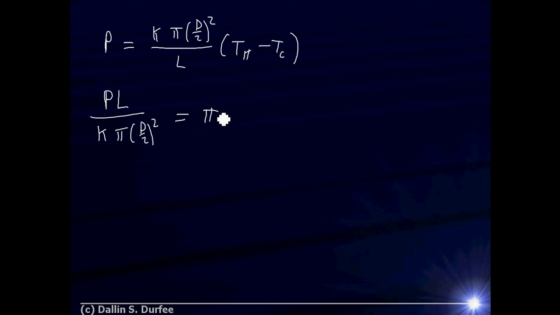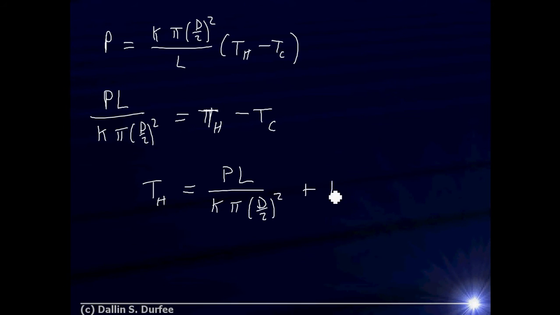That's equal to T hot minus T cold. We know T cold, we just want to find T hot. That's how hot this will get. So that's just going to be power L over K pi d over 2 squared, plus T cold.